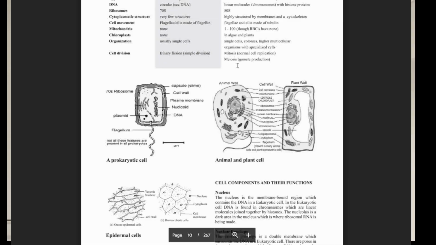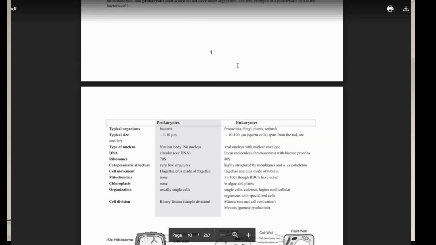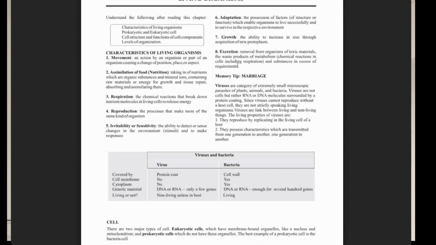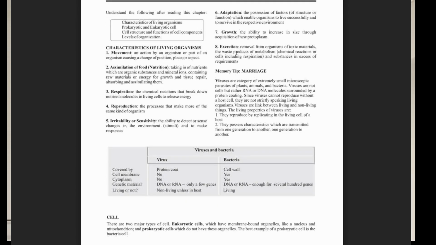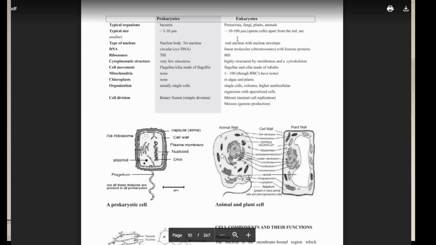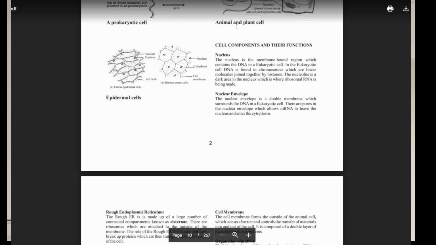All the questions on a particular topic from 1978 till date, you can find. For example, in this topic 1, which is chapter 1, living organisms, you have the notes, which are characteristics of organisms, cell, components of cell and function.